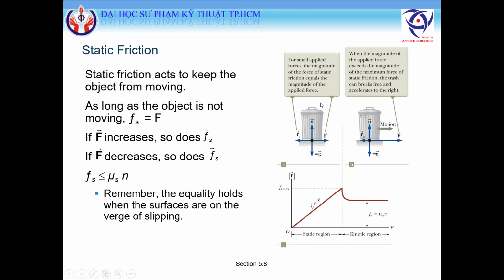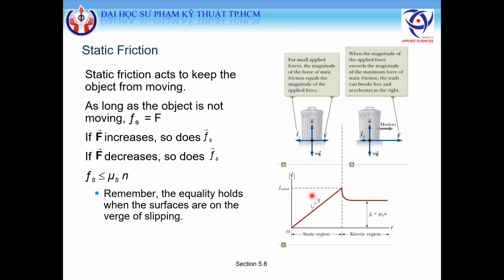Here we have a Dutch bin, right? If you apply the force to the right here, then there will be a friction force to the left. If you increase the force, let's say at the beginning the force is 0, and then we increase the magnitude of the force, the friction force is bigger, right?